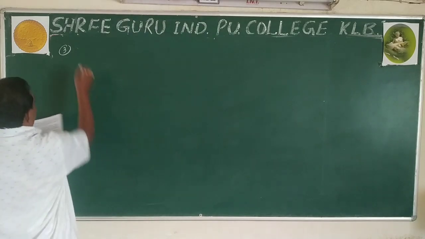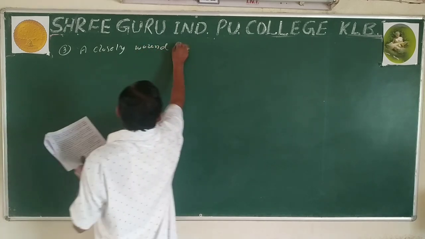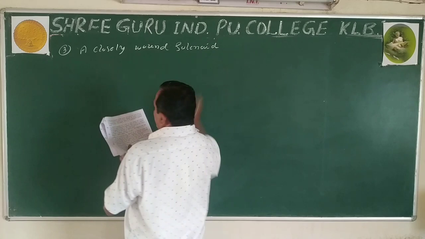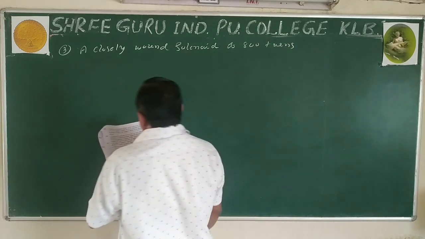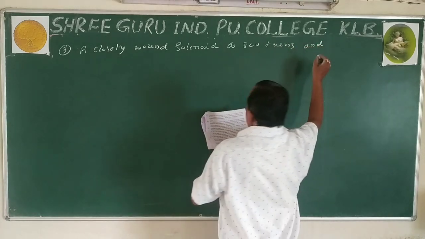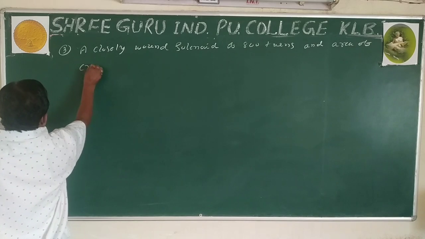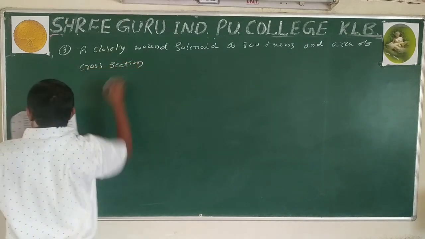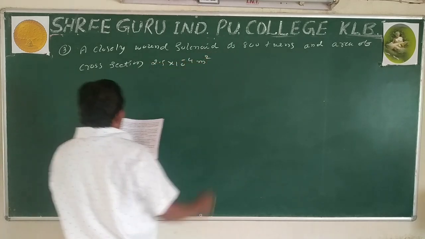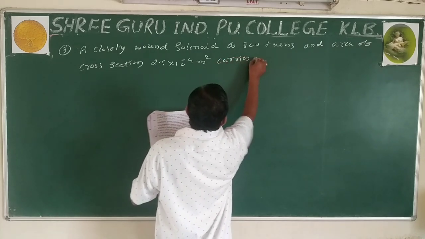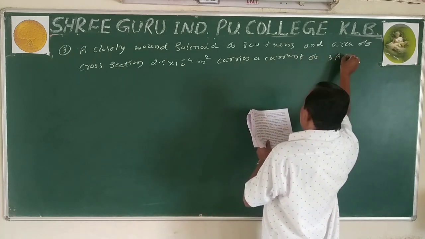A closely wound solenoid of 800 turns and area of cross section 2.5 into 10 to the power of minus 4 meters square carries a current of 3 amperes.